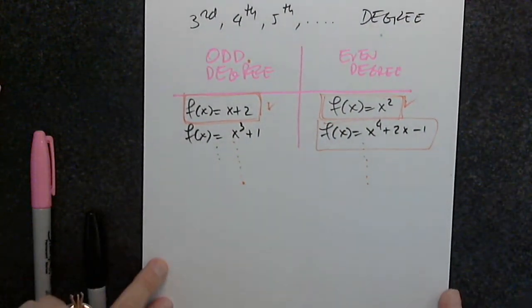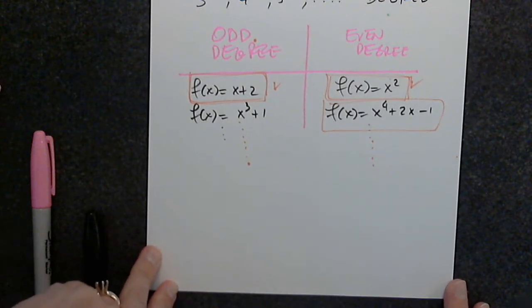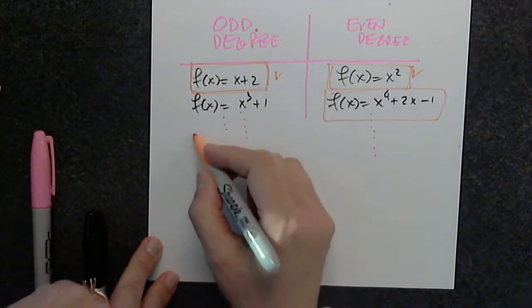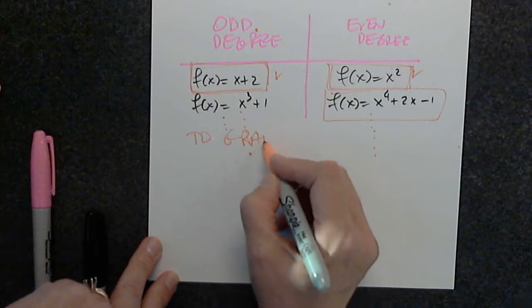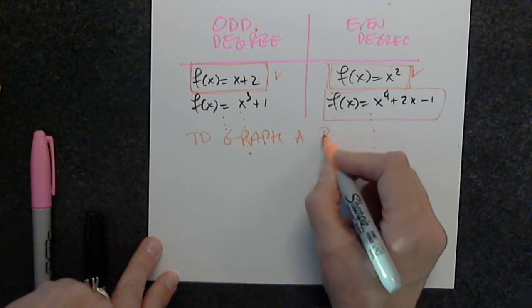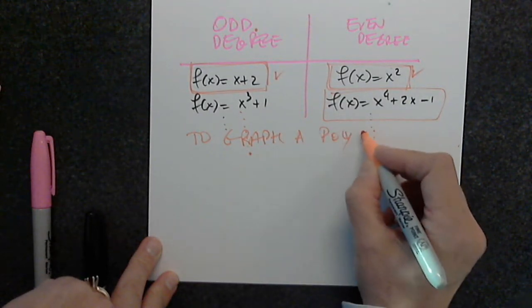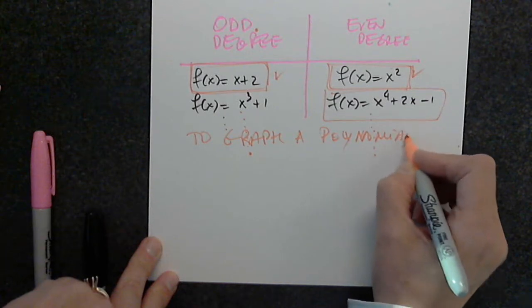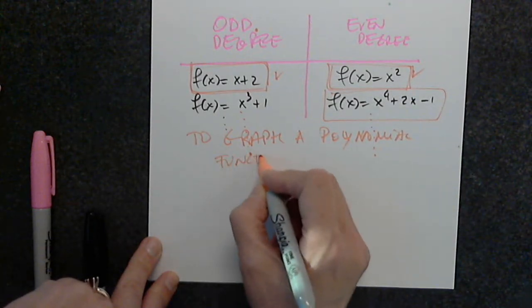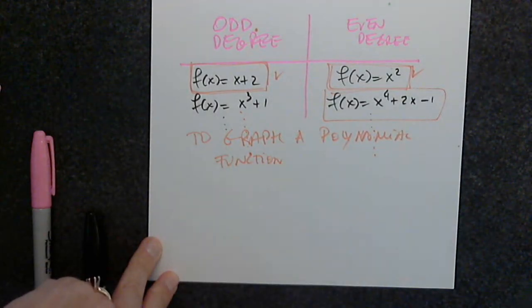So here's a long list, or longer than what we had before, to graph a polynomial function. Notice that I do not refer to linear and quadratic. Higher degree, degree 3, 4, 5, and so on.